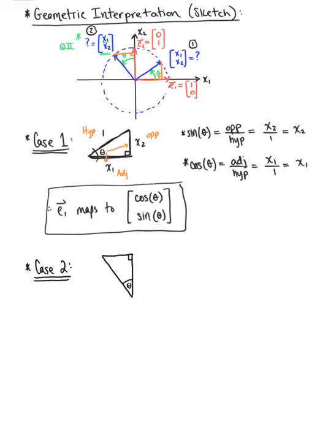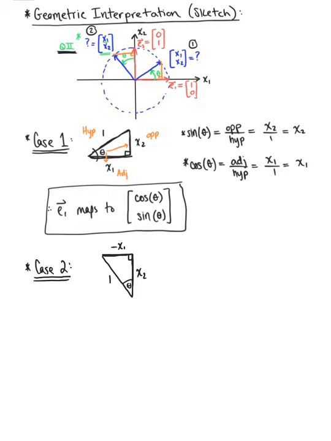Again, keep in mind that this vector is in quadrant 2. So your x sub 1, this length here, is negative because we're in quadrant 2. Hypotenuse is still 1 because we're working with the elementary vectors. And this length here is our x sub 2.